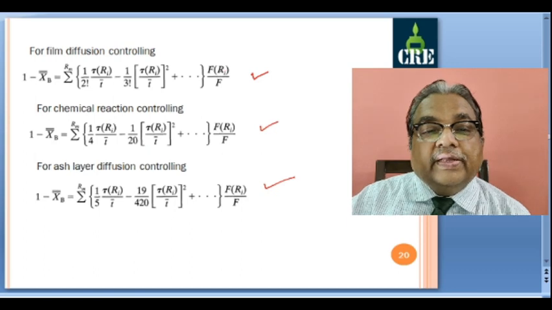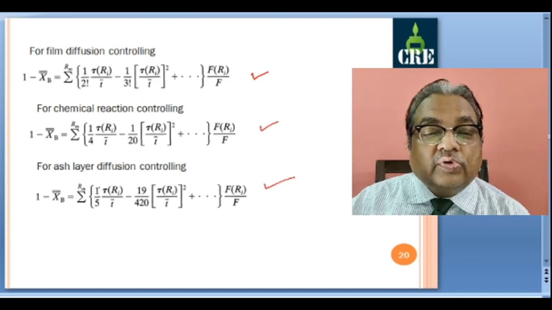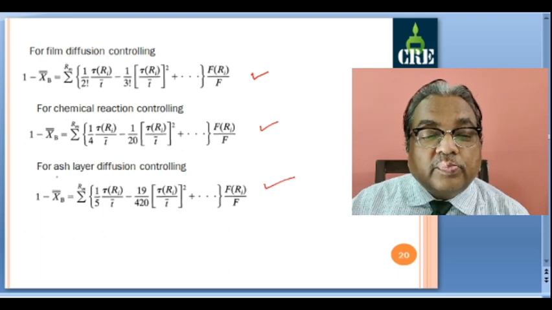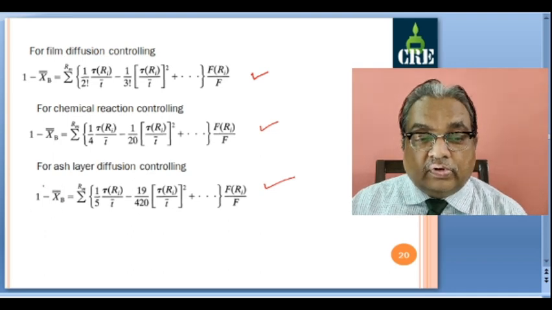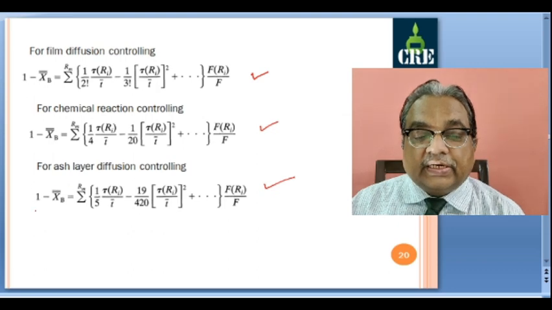Okay, and if you have such three sizes, so you will write these three terms for R1, R2, R3, and depending on which resistance is controlling, you can find out xb double bar, that is mean conversion for mixed flow of particles of different but unchanging size.